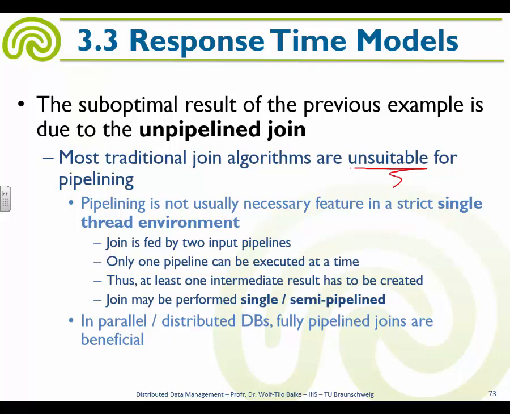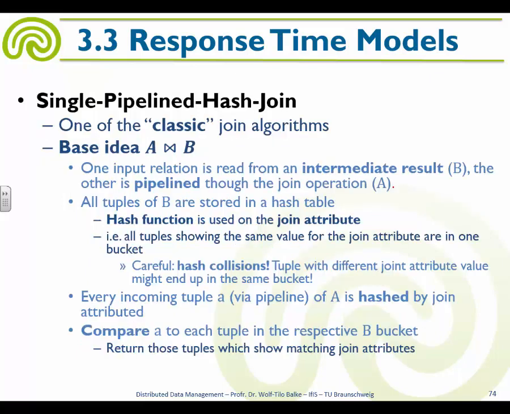But if you have pipelined joins, then you can exploit all the parallel execution and the distributed nature of the system. One possibility, which block-nested loop join cannot do, is a single pipeline hash join, for example. One of the classic join algorithms, the basic idea is that a hash join means you have a hash index on one of the relations, and one input relation is read from the intermediate results, right?